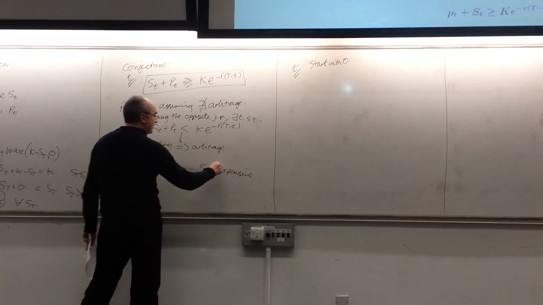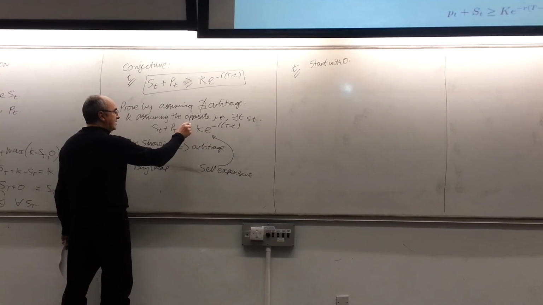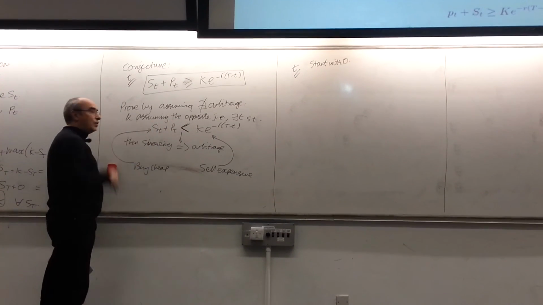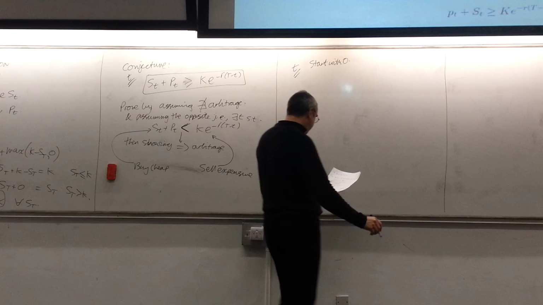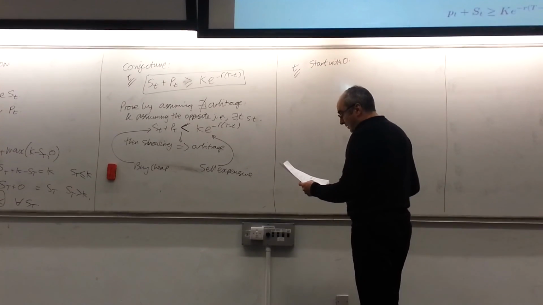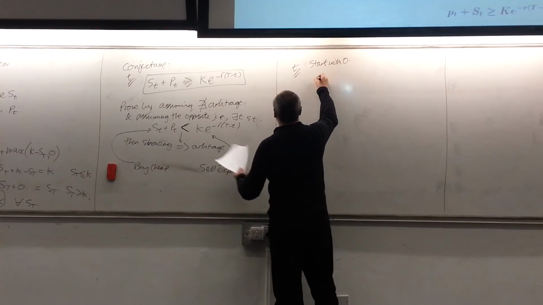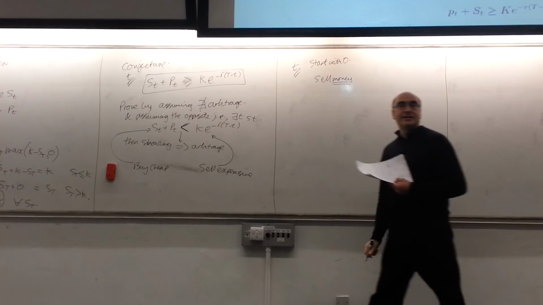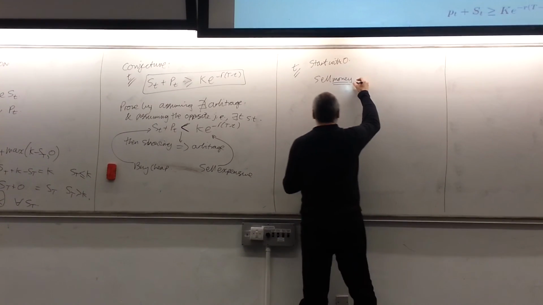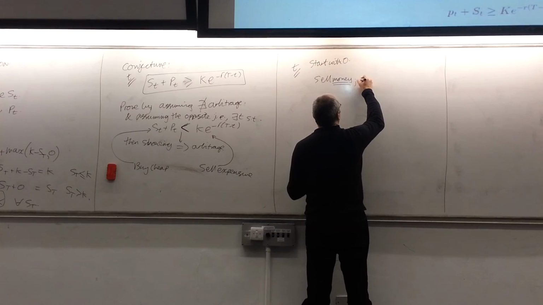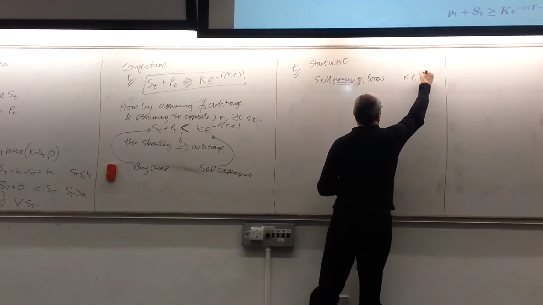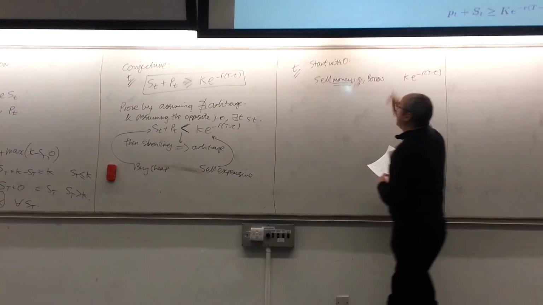In this case, K e^(-r(T-t)) is the expensive one because it's the biggest one, and s_t plus p_t is the cheapest one because it's the smaller of the two. So what does that mean? It means sell money, i.e. borrow K e^(-r(T-t)). So I borrow that from the bank.